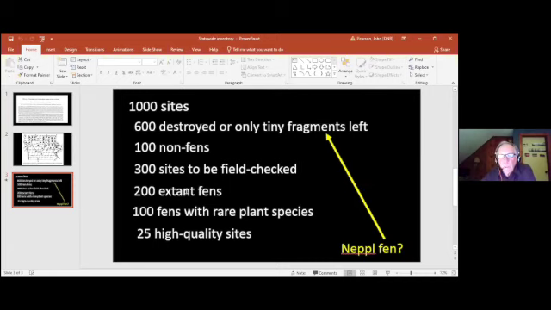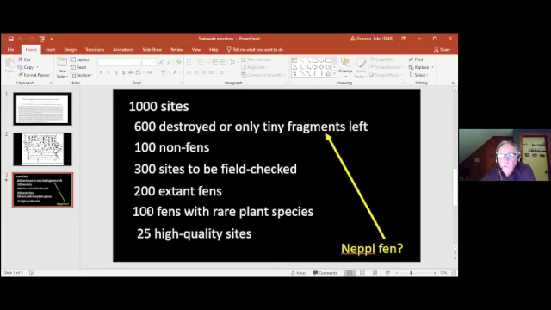Now, of course, I need to quickly qualify that a lot of these were highly degraded, very small, partially tiled, overgrazed, next to crop fields, have had a weed invasion problem, all manner of issues. But there are also quite a few really nice ones. So the 200 is kind of a composite of all those qualities.